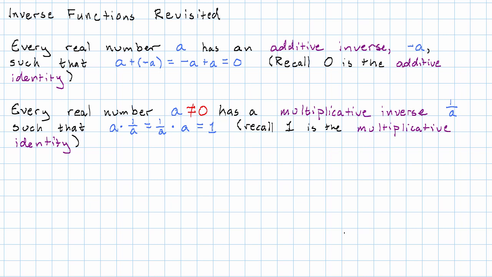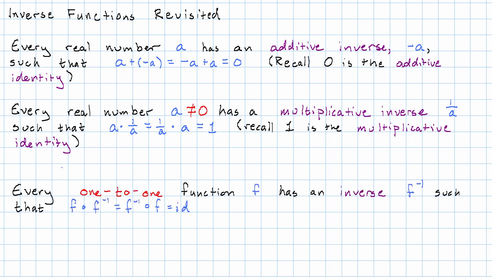There's going to be a similar restriction on the inverses of functions. And if you think back to what we said about the inverses of functions, you're going to know what it was. Every one-to-one function has an inverse, such that when we compose the function with its inverse, we get the identity back.